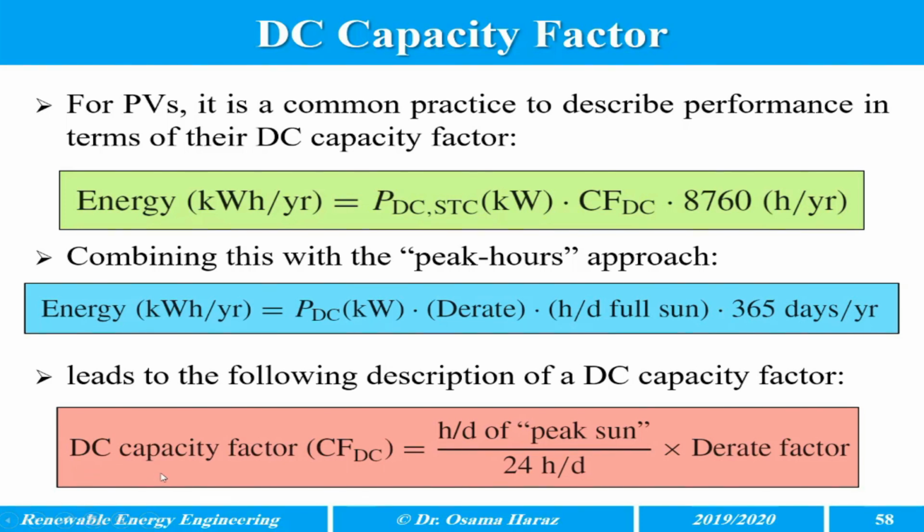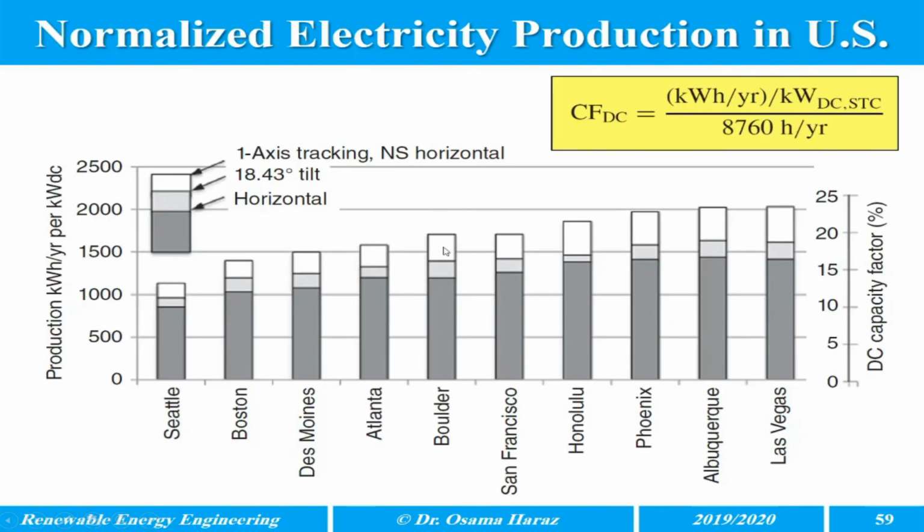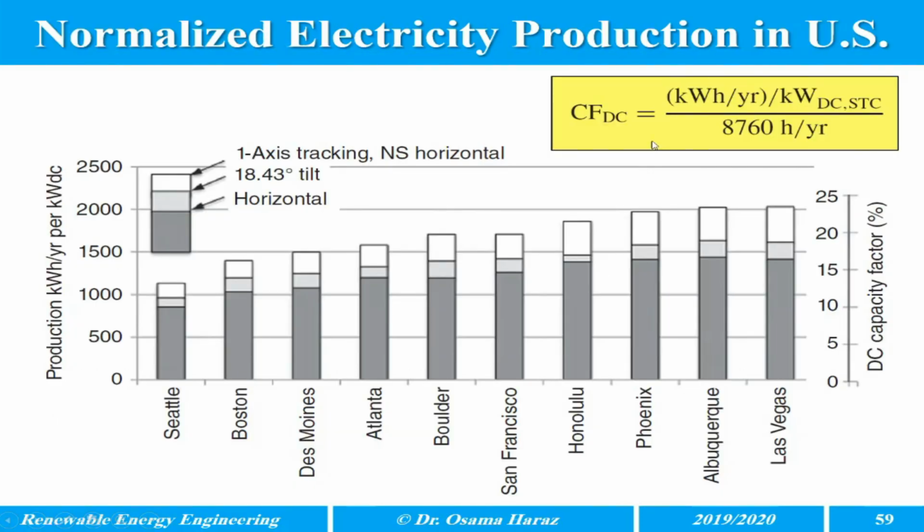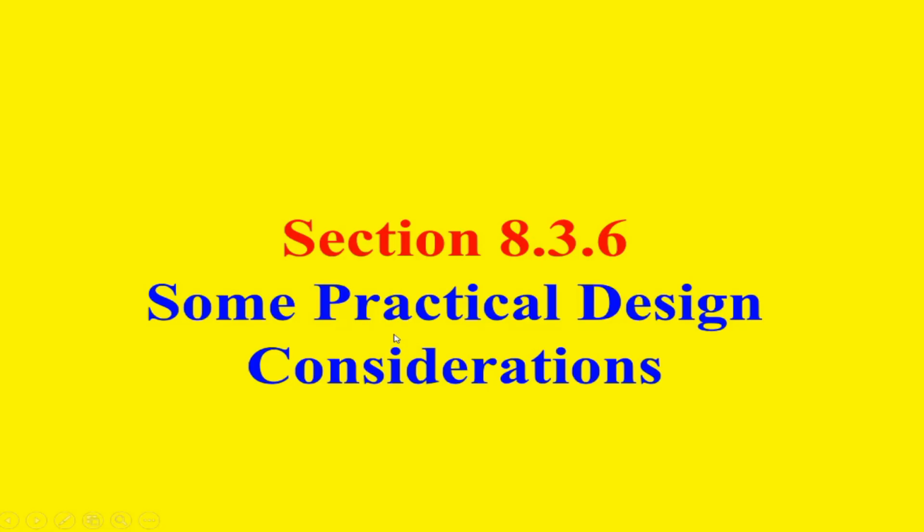So we end up with the definition of the DC capacity factor: H over D of the big sun divided by 24, multiplied by the D rate factor. So we can use this DC capacity factor to define the performance of the system.